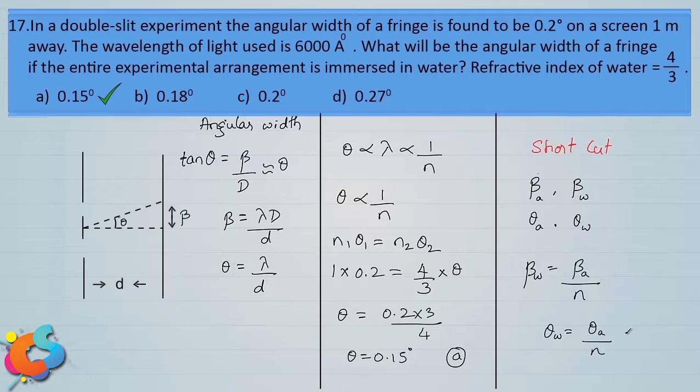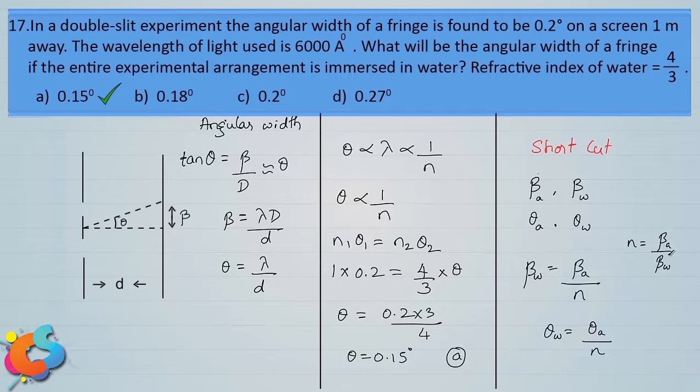Remember, dear students, refractive index can also be expressed as the ratio of beta air by beta water, and it has to be beta air by beta water and never beta water by beta air, because refractive index should always be greater than 1 and beta will be maximum in air medium. Therefore, beta air is always greater than beta water, so the ratio of beta air to beta water should always be greater than 1.